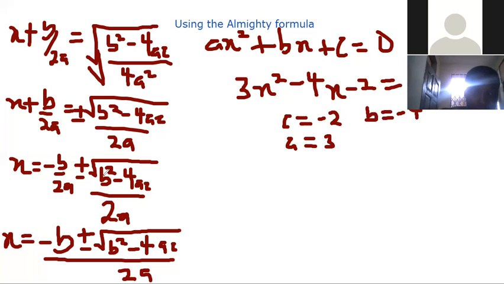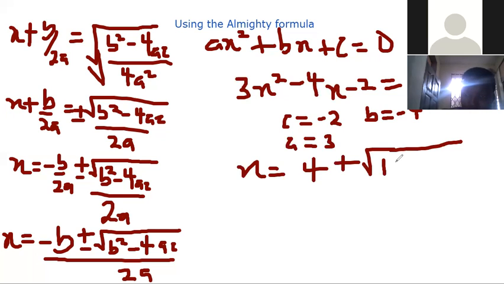So now you can put it into this equation. You know b is negative 4. So your first x, you can decide to use plus or minus first, whichever works for you. Minus b, and b is negative 4, so minus negative 4 will be plus 4. Let's use the positive first: 4 plus root of b squared, which is 16, minus 4 times a times c.